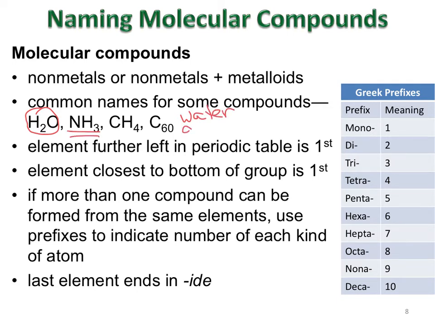NH3 is ammonia. CH4 is methane. And this thing, C60, which is one of the allotropes of carbon, is called a buckyball.